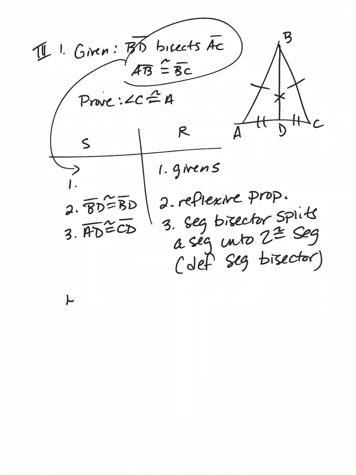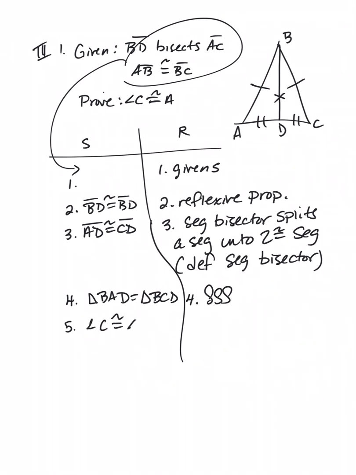So now the two triangles are congruent. Triangle BAD would be congruent to triangle BCD. And that would be by side, side, side. And then, of course, we have that angle C is congruent to angle A, and that's by CPCTC.